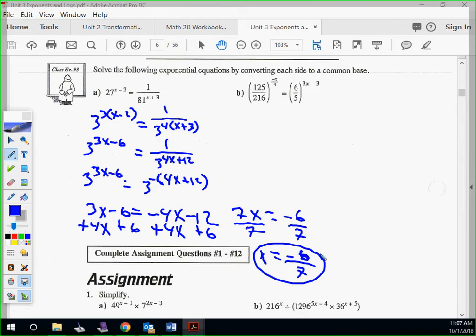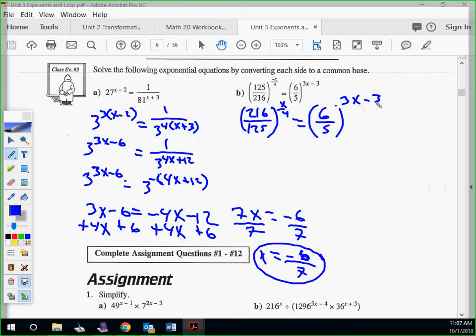Does that make sense? Because if you have a negative exponent, you're moving stuff up and down, right? So if I flip them, I can get rid of that negative. So we're going to write this as 216 over 125, and now it's just x over 4. That negative flipped them for us. And now that's in the form that we like, matching up to the right side.